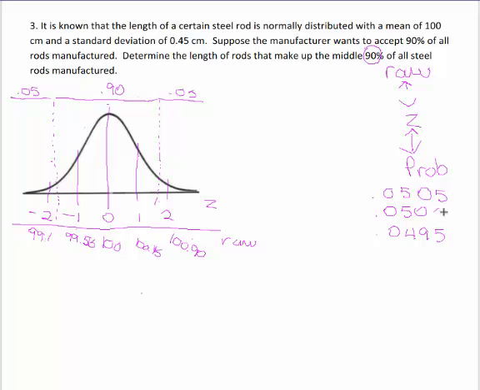If you make all these the same size, you can see 500 is what we're looking for in the middle. Well, 505 and 495 are exactly the same distance away. So the z-score that corresponds to this one is negative 1.6.